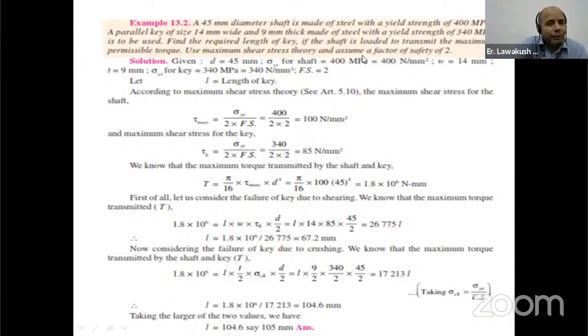Now megapascal will be converted into Newton per millimeter square. The reason behind it is that the diameter of the shaft is given in millimeter.